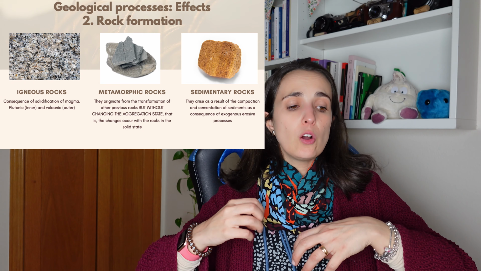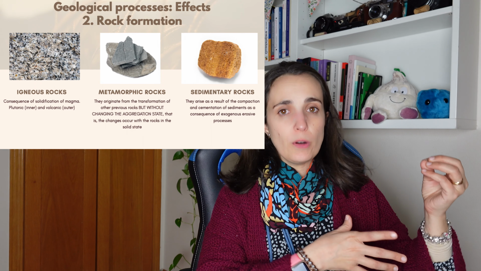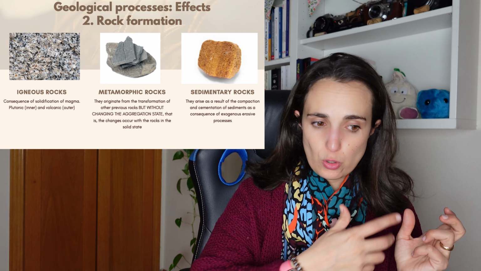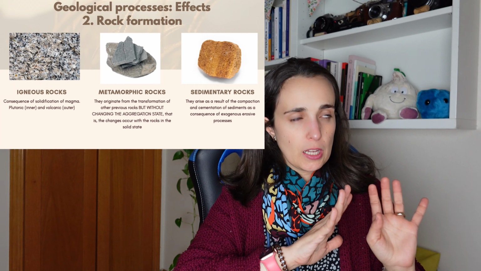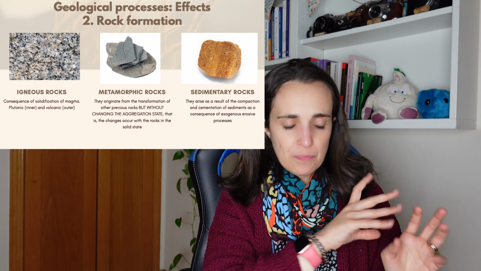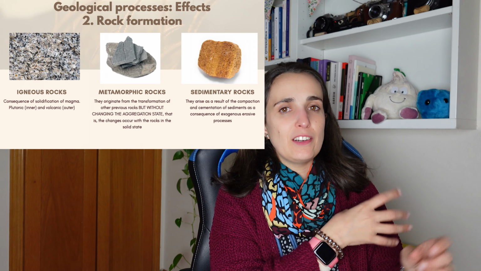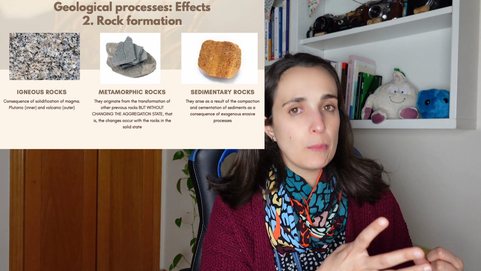If they go up inside the earth, the temperature will be lower and they will change from melted to solid, okay? Inside the earth, it doesn't have to be necessarily a volcano. So those rocks that get solid inside the earth are the igneous or magmatic rocks because they come from magma.